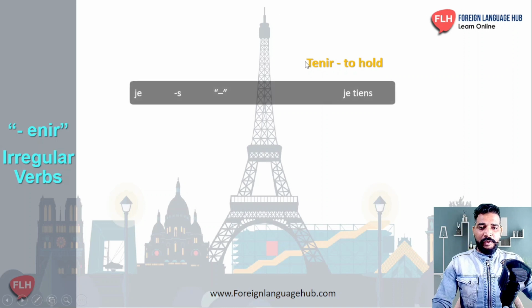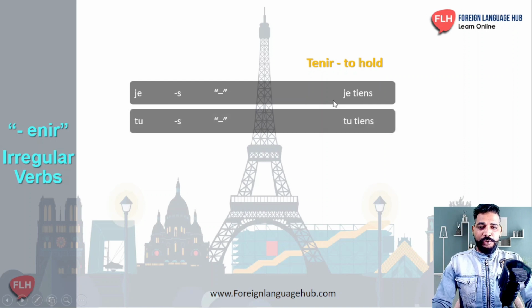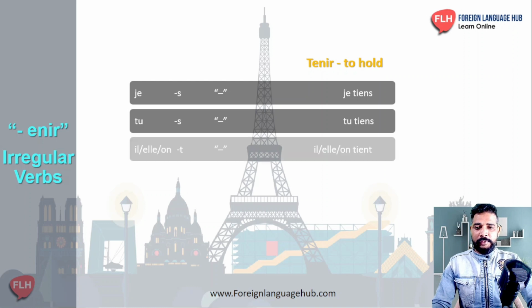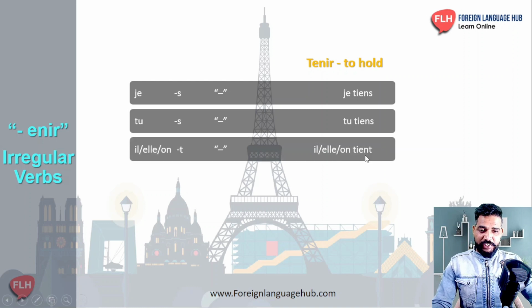Je tiens, so the S is the ending and tien is the stem. Tu tiens. Il, elle, on tient. Till now it's the same, tien. Now it is going to change.